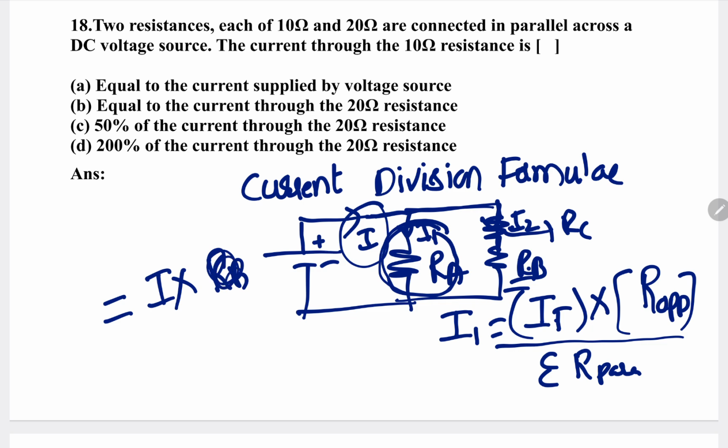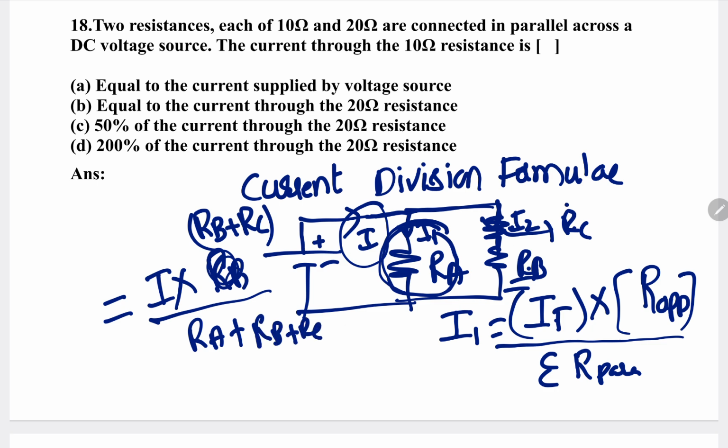Then the opposite resistance is not only RB, it is a series combination of RB and RC. Then it becomes RB plus RC whole divided by RA plus RB plus RC, the sum of resistances of these two branches. So this is the current division formula, a very important formula.